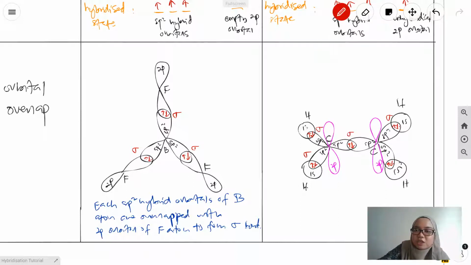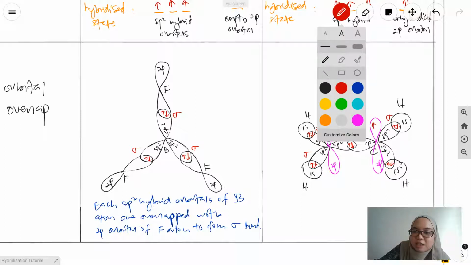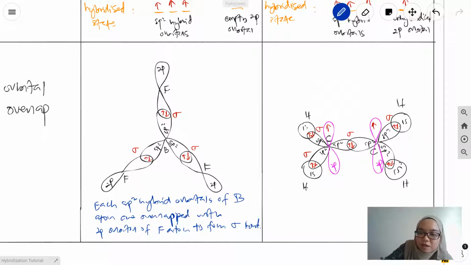Now each of them has one unpaired electron. They need to do side-to-side overlapping to form a pi bond. Okay, it will take time for you to understand, but it's okay. We just need to do more and more exercises.